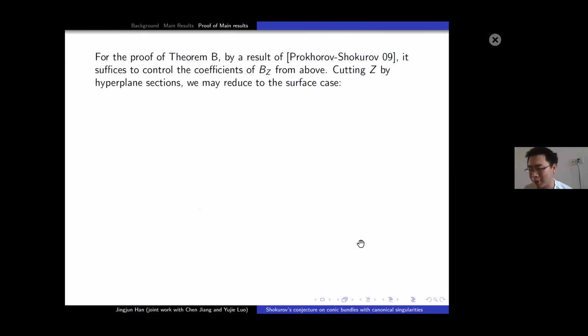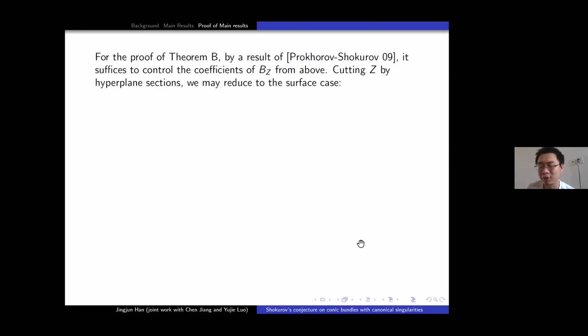Now I would like to introduce the proof of Theorem B. By a result of Prokhorov and Shokurov, they show the b-semi-ampleness. This means that on some high model of Z, we can show that M_Z prime is semi-ample. Then by their results, we only need to control the coefficients of M_Z from above.